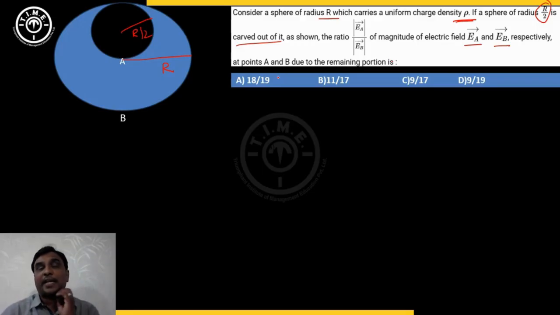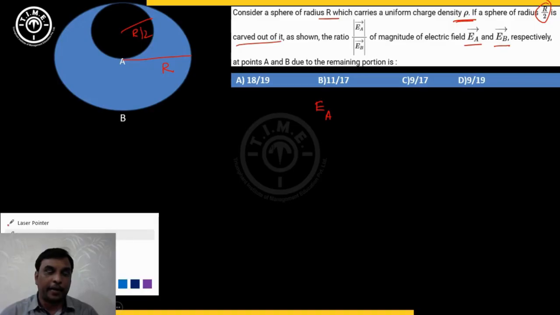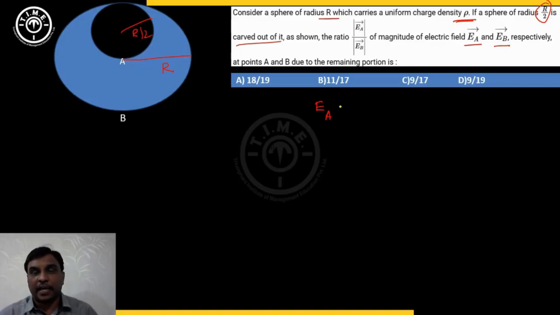Let us suppose I want to calculate the electric field at point A. I'll calculate the electric field at A due to the sphere of radius r, the bigger sphere, minus the electric field at A due to the cut portion of radius r by 2.